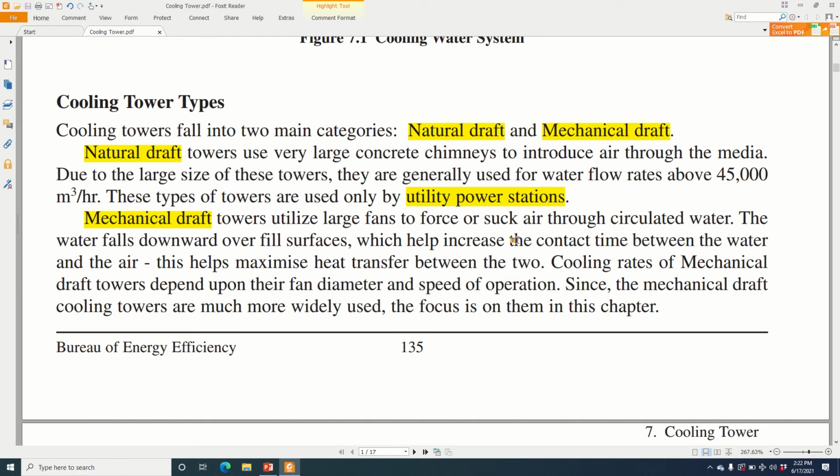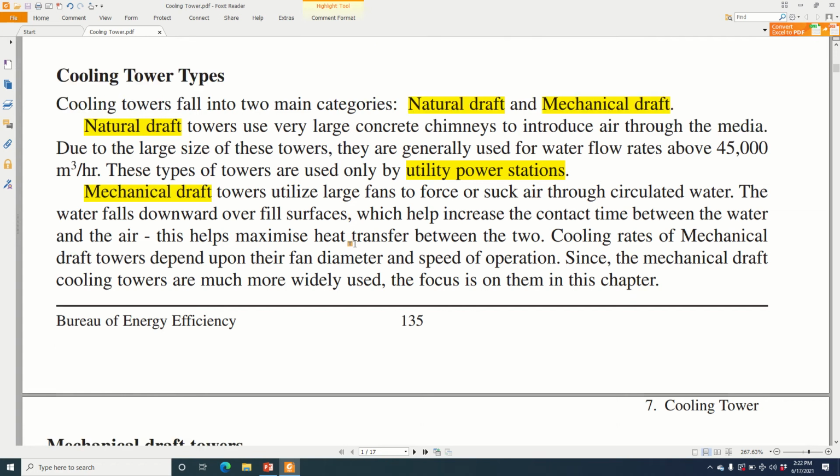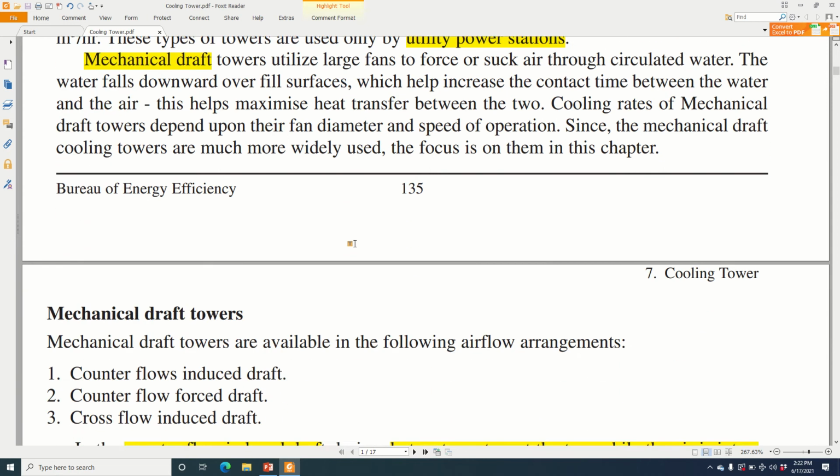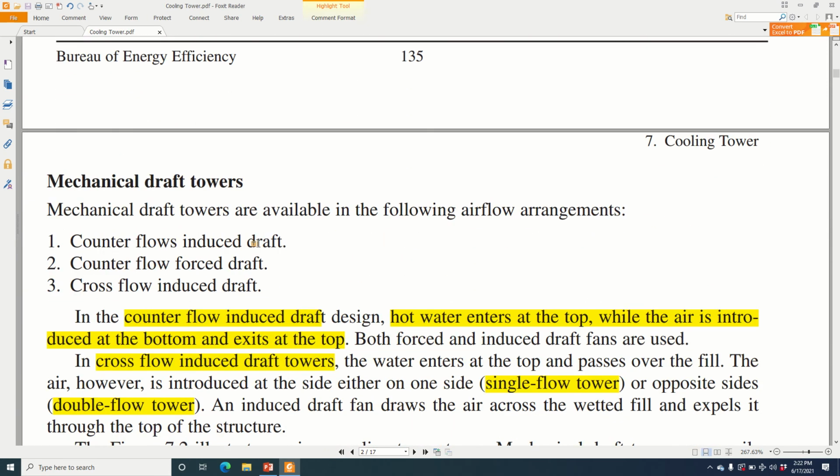These mechanical draft towers are mainly categorized by the fan selection, and the further types of these mechanical draft towers are the counterflow induced draft cooling tower and the counterflow forced draft cooling tower.